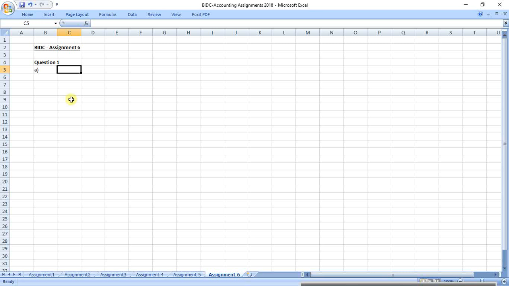If we're manufacturing a specific item, how much are we going to be allocating to those specific areas? And they said here, analyze the above indirect costs, we've only got those two, between the four departments shown, based on the appropriate basis of apportionment.